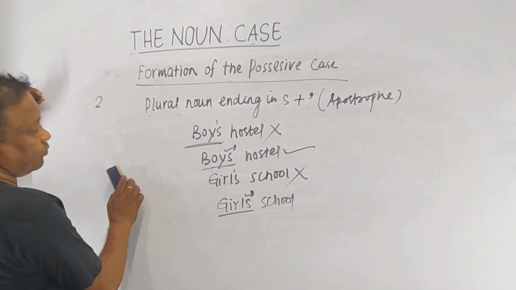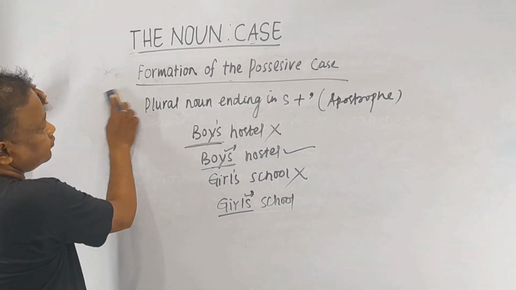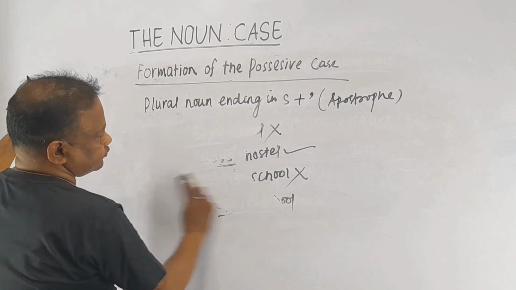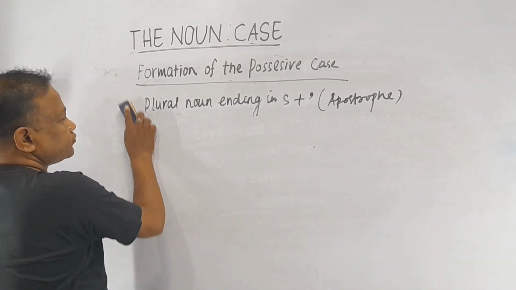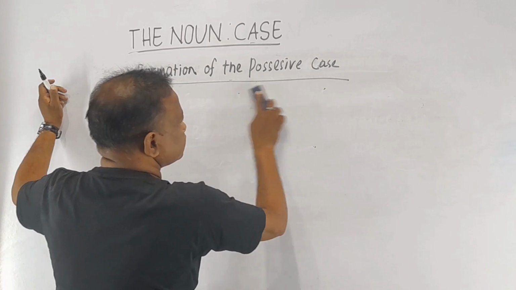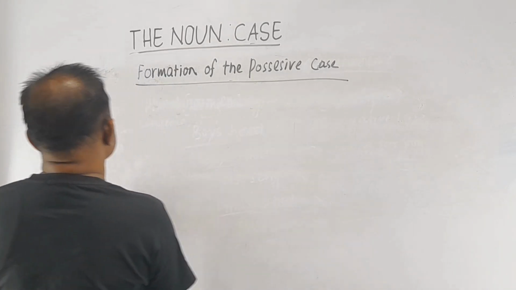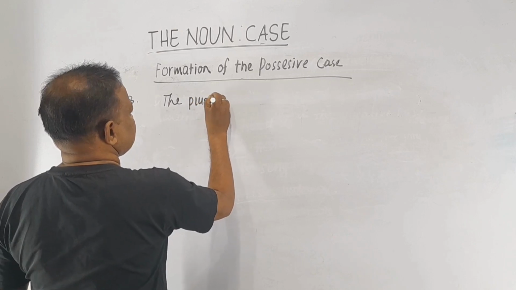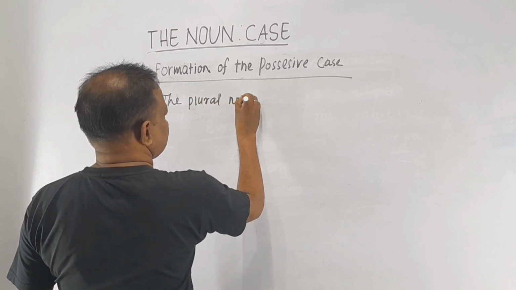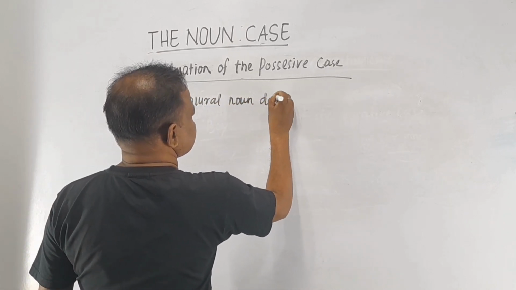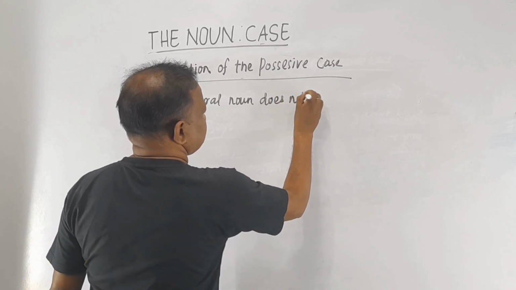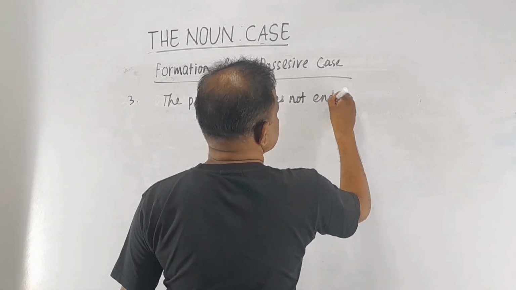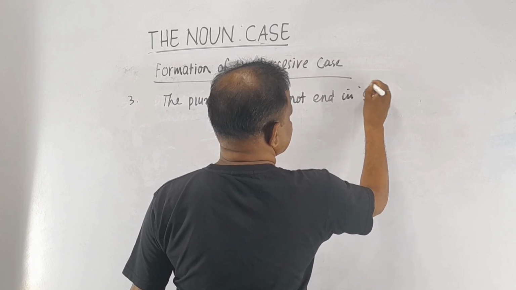Next, rule number 3. The plural noun does not end in s.